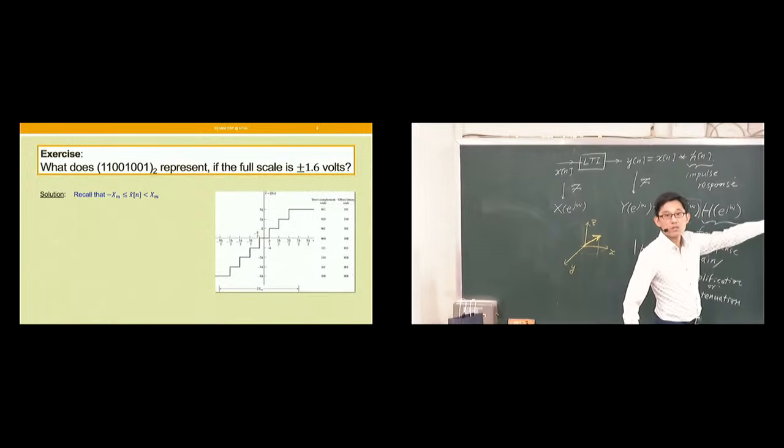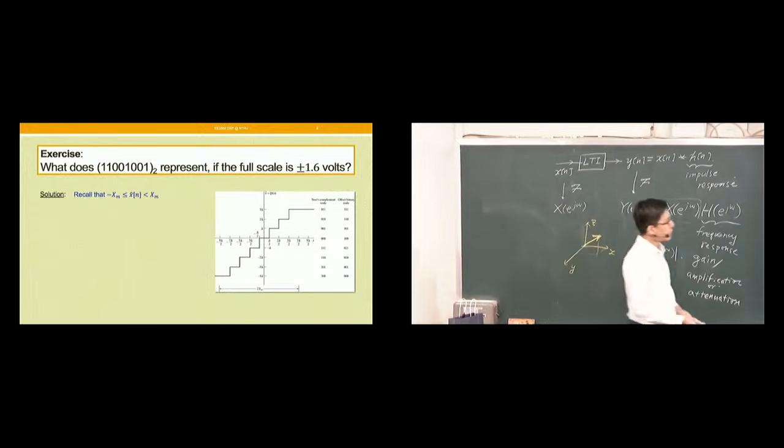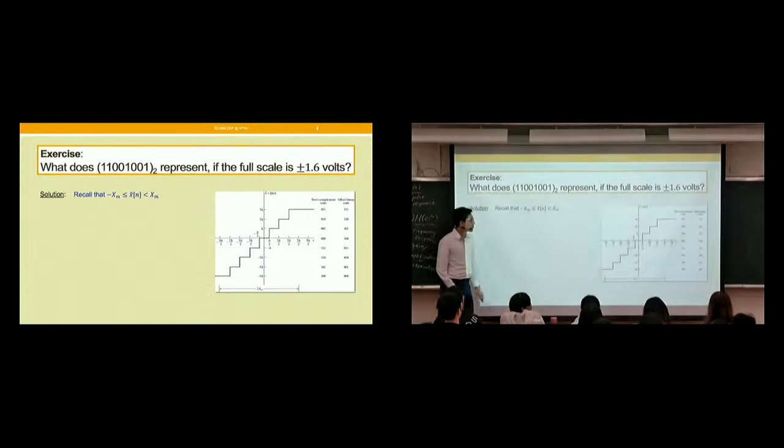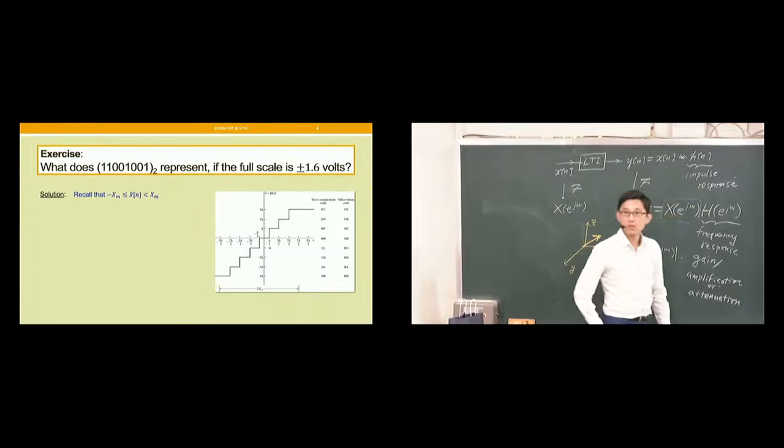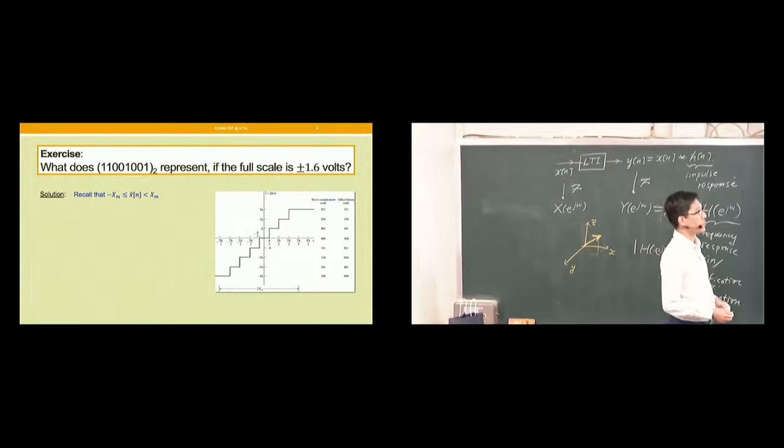Which level does this code represent? Let's work it out. Okay, I give you maybe 2 minutes. Let's try to work this out. And just for your reference, this is a figure for 3-bit representation, but now we have 8 bits. What will this code represent?